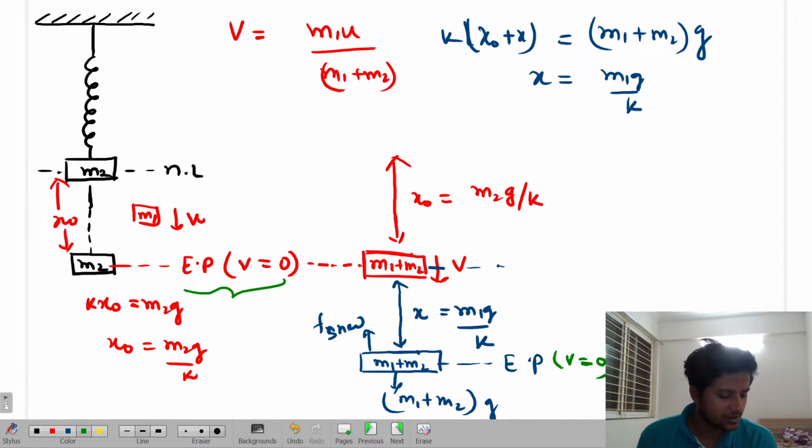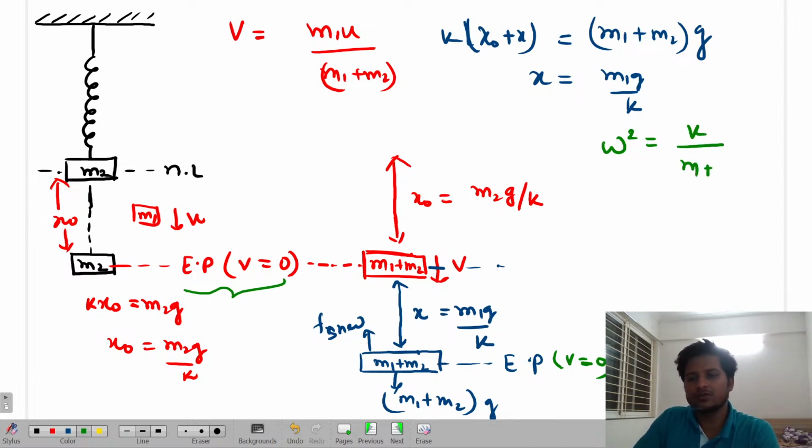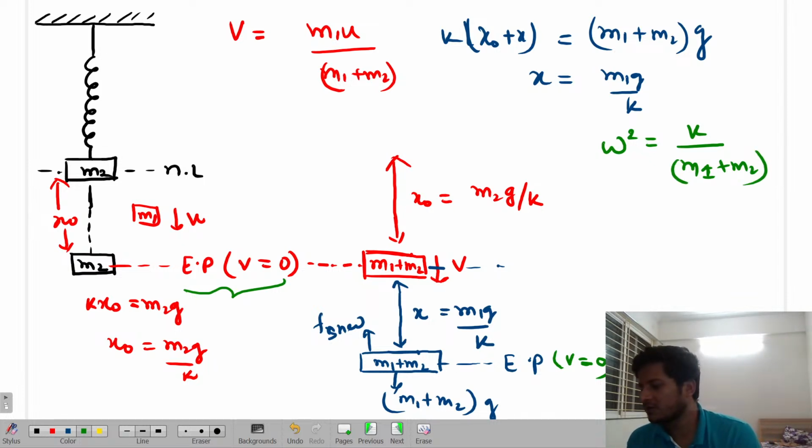So that's the condition you have to always understand to do the questions. Now once again if I write the omega equation, how many masses are moving? Two masses with the same spring constant, so omega square must be equal to k by m1 plus m2. Is that clear? Riva, are you able to understand?